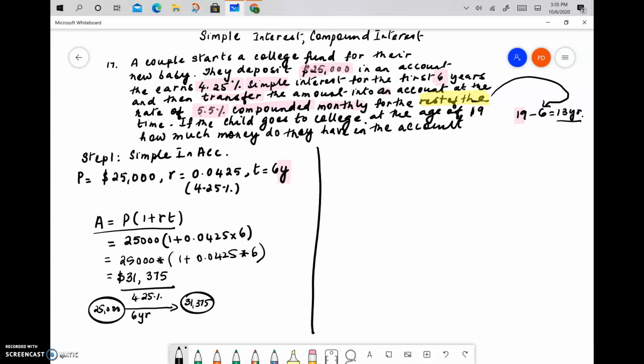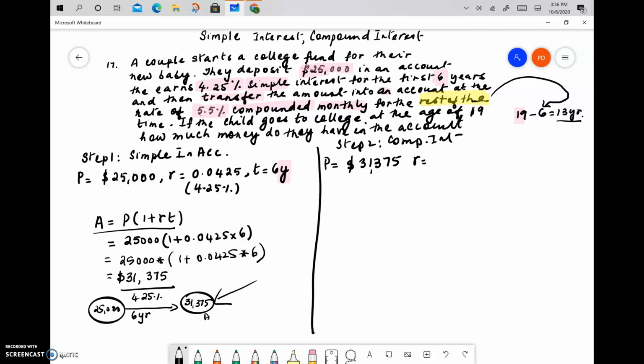So let's quickly write down step 2. Remember, it is compound interest. So now the present value is really this amount that we collected at the end of 6 years. This is going to be the beginning amount. $31,375 is the beginning amount in this new account, which is a compound interest account.